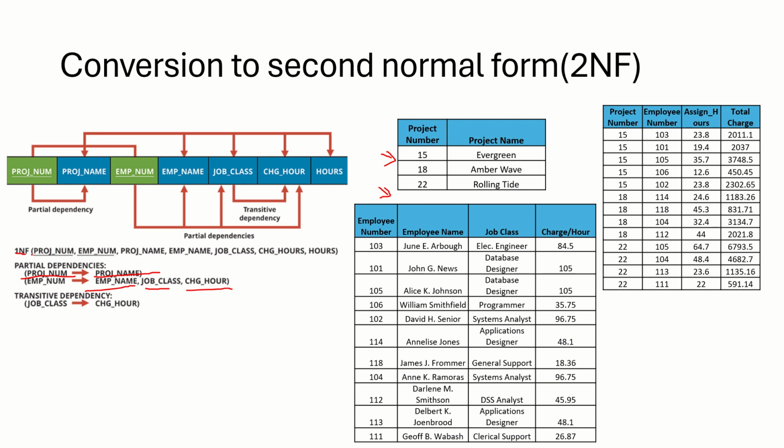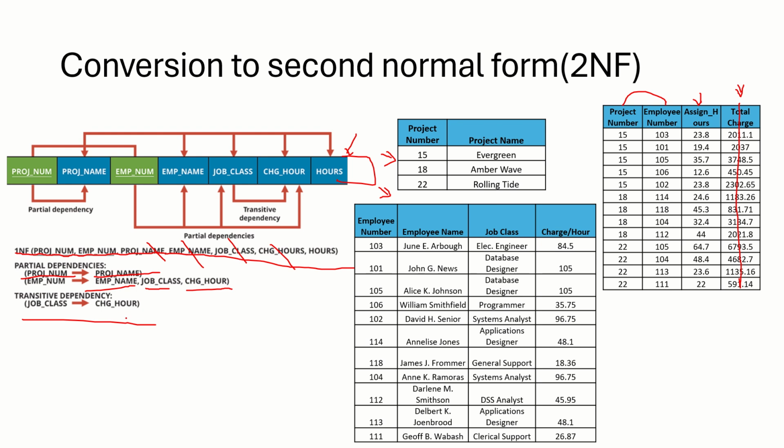Another table is right here, which is dependent, because we already know most of them will become, right? So you will have the primary key right here, and assign the hours and the total charge, okay? So there's no total charge. So if we put total charge right here, this one will be right here, okay? The last one is job class and charge hour.